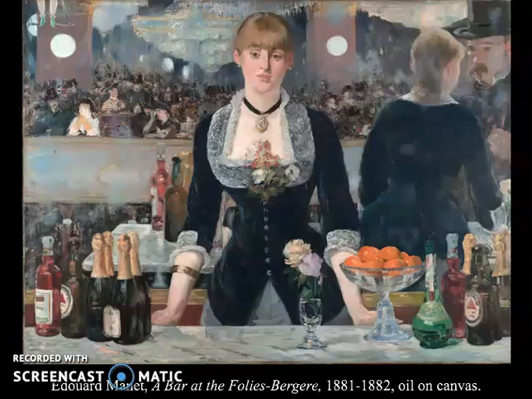It doesn't really look like she's paying attention. She's very sort of slightly depressed. So although she's engaging with this customer, she seems very uninterested in what she's doing. And so again, here we have Manet causing controversy by creating this potentially powerful figure in a woman who doesn't really care to be servicing men in any capacity.